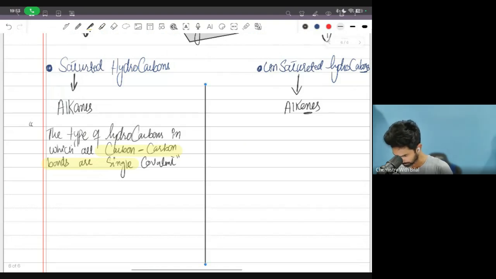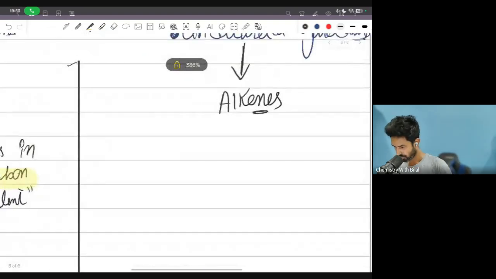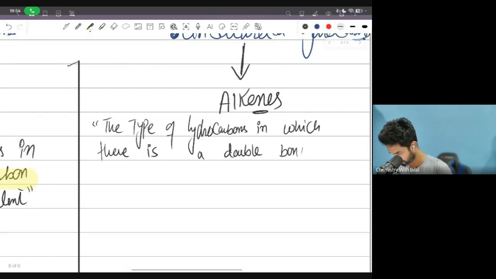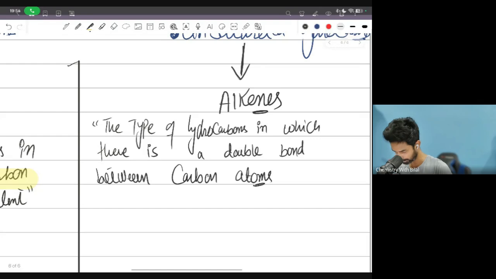we know that in alkenes there is a double bond. The type of hydrocarbon in which there is a double bond, at least one double bond between bonded carbon atoms, right?